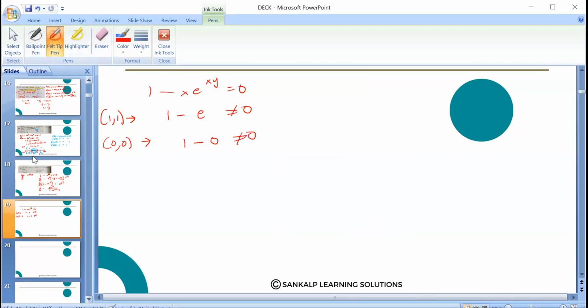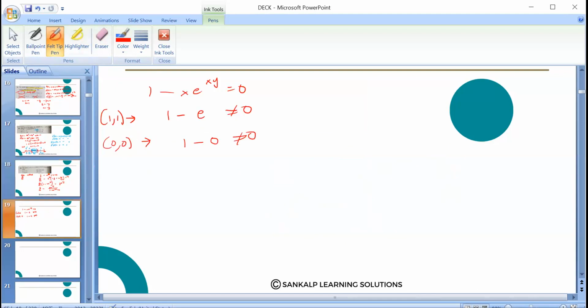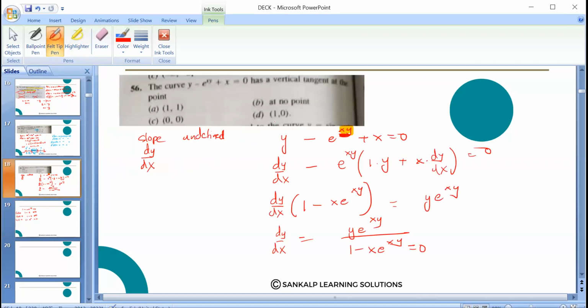This is also not 0. Put 1 comma 0. X is 1. Then e power 0. This you are getting 0. So 1 comma 0. Option D is the correct answer.